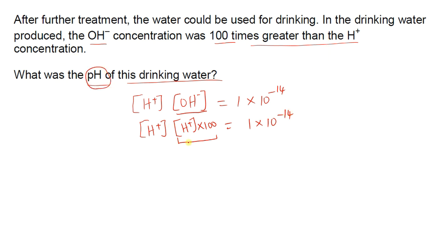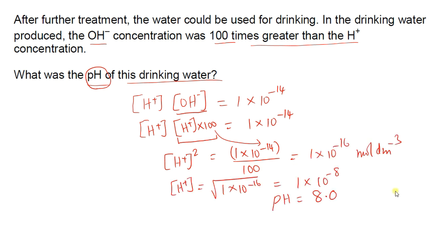So now I can write H plus squared equals 1 times 10 power minus 14 divided by 100. So I have the hydrogen ion concentration squared equals this. Now I want the hydrogen ion concentration, so take the square root of this. And that gives us 1 times 10 power minus 8. pH would be minus log of that. That gives us 8.